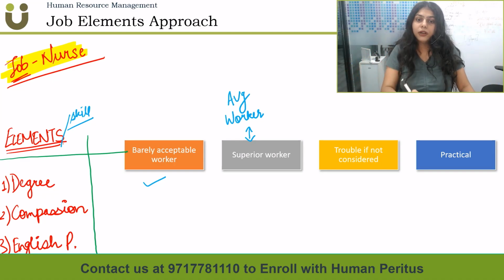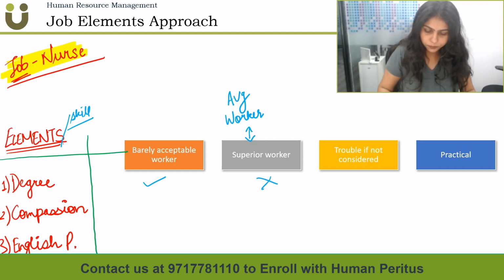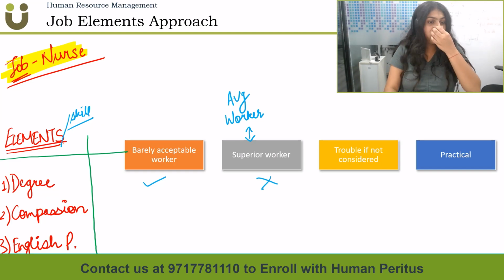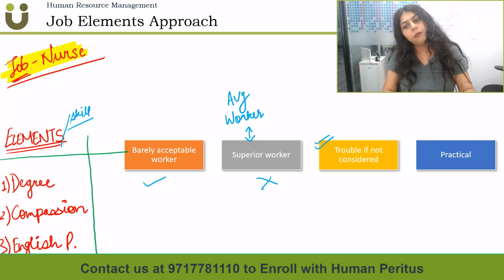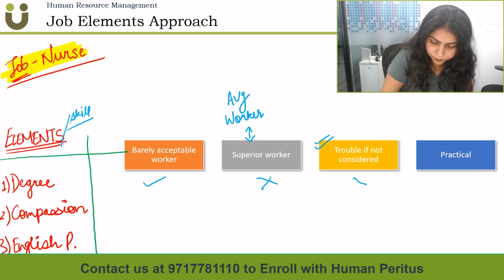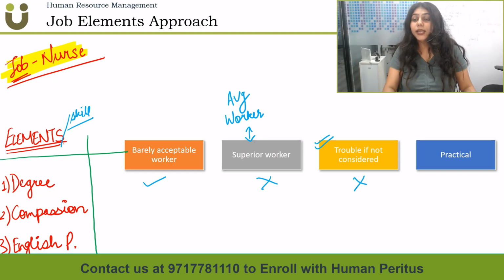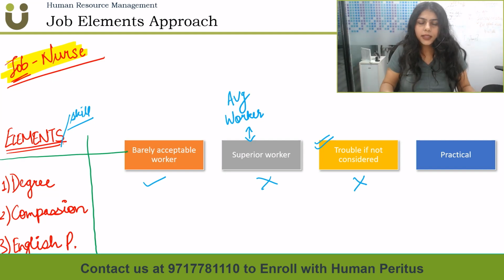So this wouldn't be the differentiating factor. Okay, would this job be performed if this skill is not there? Can you be a nurse without a degree? I don't think you can. So no. Is it practical for the company to look for such people? Yeah, that's very basic. The company should look for people who have a degree in nursing.